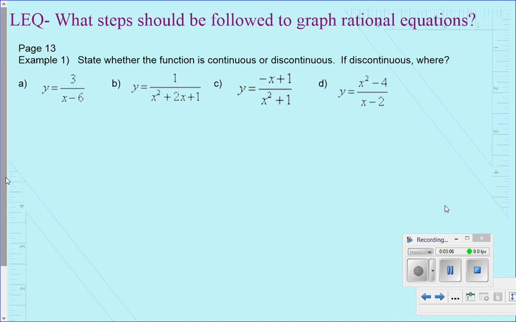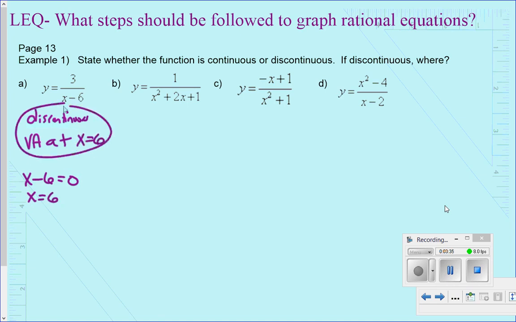So because it's a hyperbola, I know the graph is discontinuous, because it has a vertical asymptote. The vertical asymptote comes from setting the denominator equal to 0 and solving. If I set x minus 6 equal to 0, I get x equals 6. So there's a vertical asymptote at x equals 6, which is why the graph is considered discontinuous.